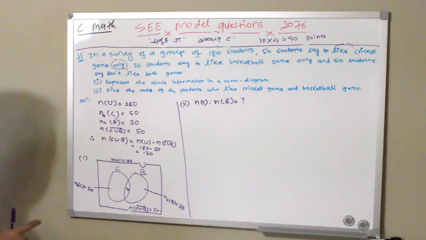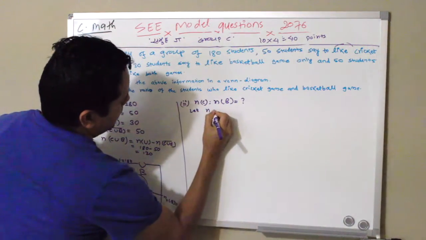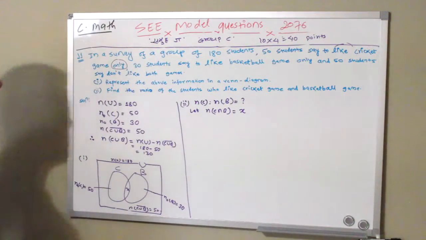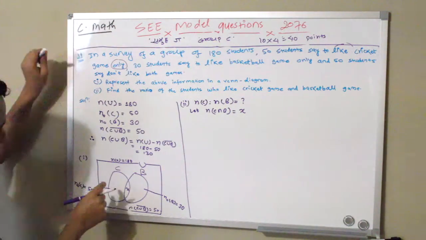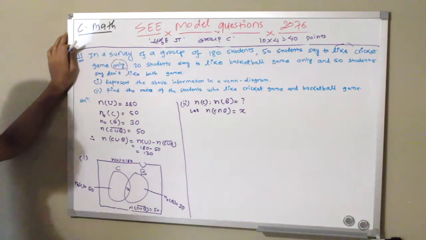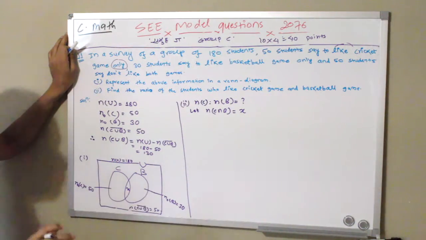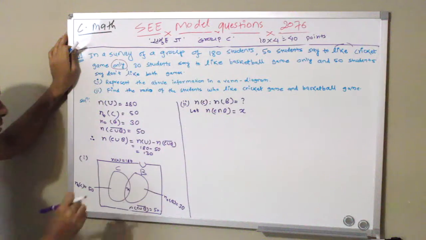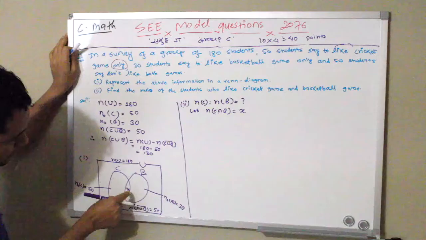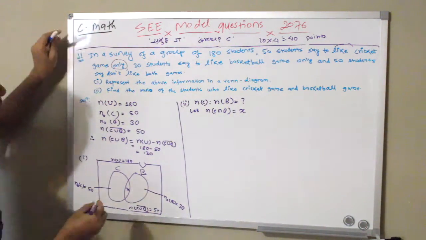Firstly, let me assume that number of C intersection B equals X. Why do I assume this? Because if we knew the total C and total B, we could directly put the value here. But we know only C and only B. Total C is only C plus intersection, and total B is only B plus intersection.